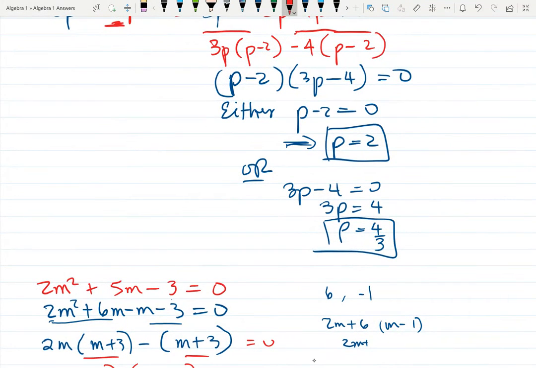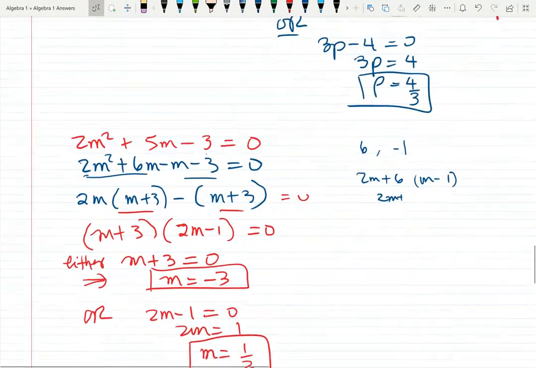You end up with p minus 2 times 3p minus 4, which you set to 0. So p minus 2 equals 0, plus 2 on both sides, and p equals 2. Or 3p minus 4 equals 0, which we solve, and p equals 4 over 3.